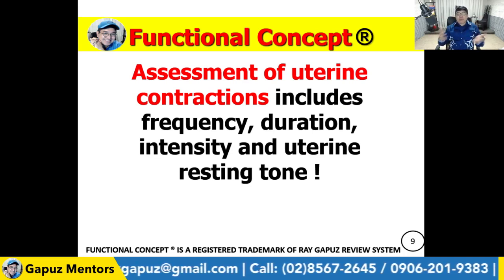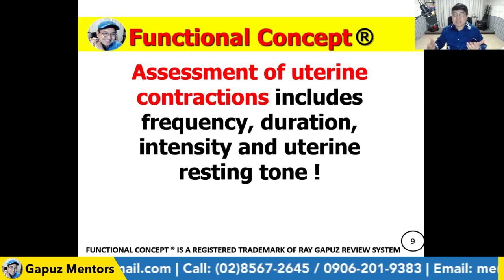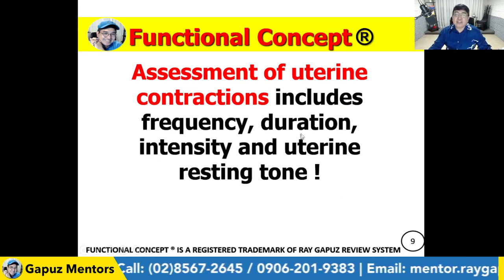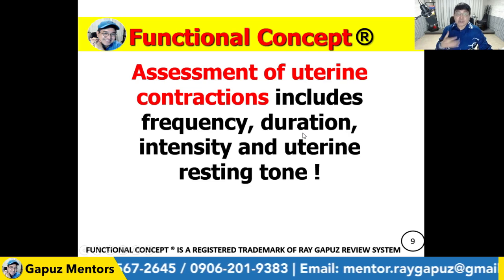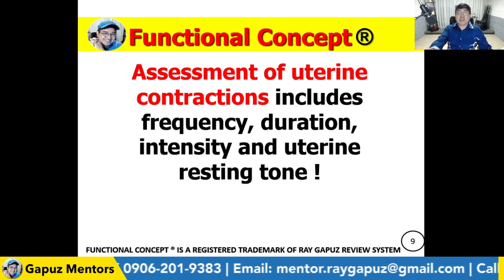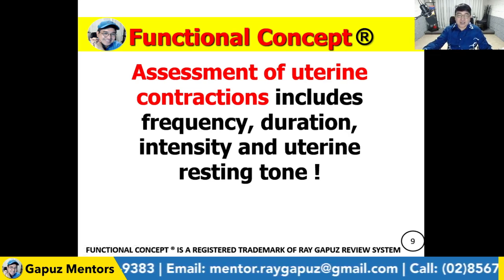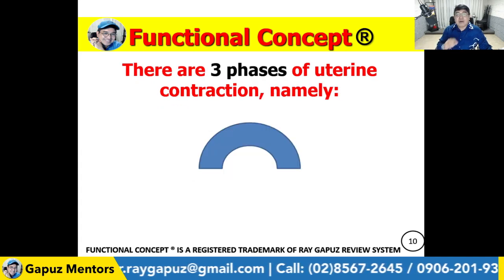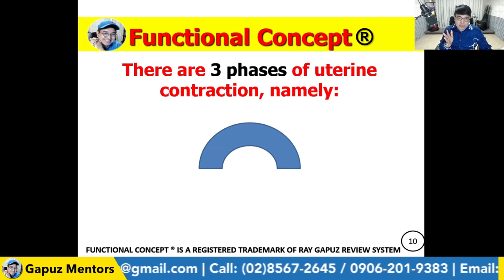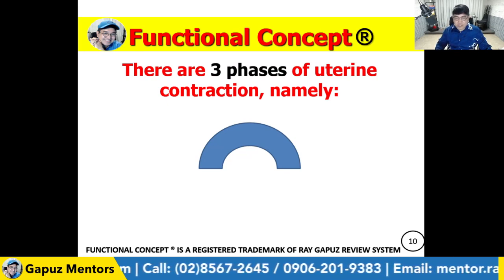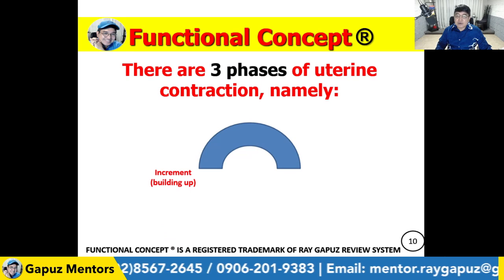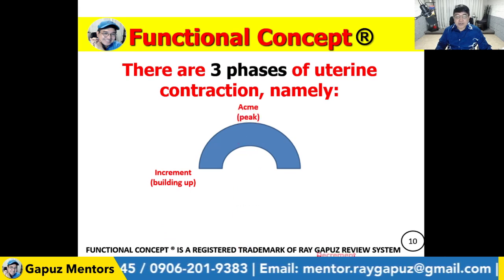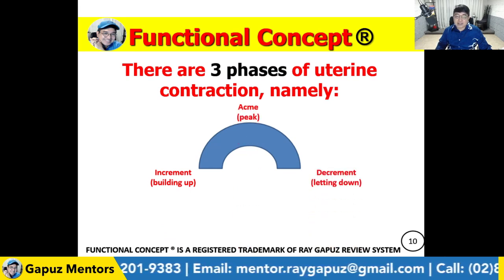Now, how do you remember all of this? Sometimes the definitions of frequency, interval, and duration could interchange when you're stressed and anxious and sitting in front of your computer taking the NCLEX. So what do we do? Let me make that easy for you. There are 3 phases of uterine contraction: the increment or the building up, the acme or the peak, and the decrement or the letting down.